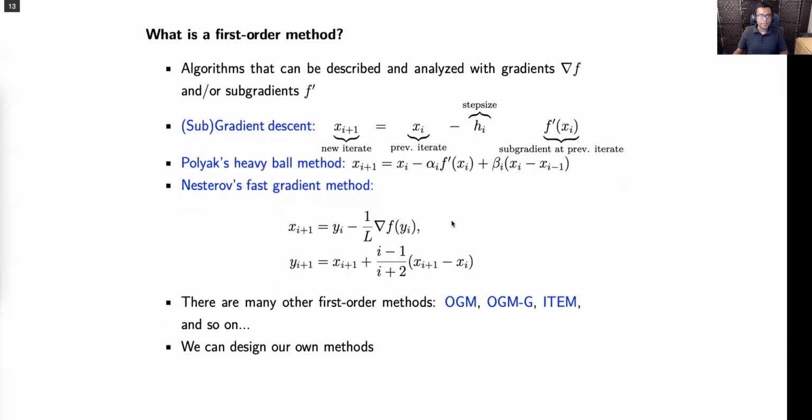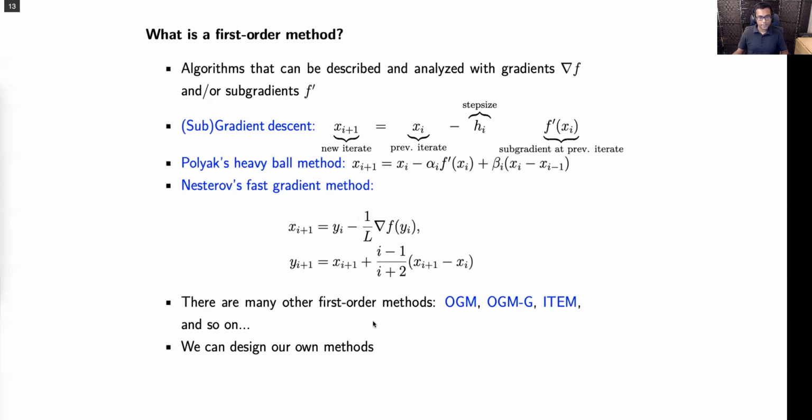Now, of course, there are many other first-order methods that we can design. Two more examples that I'm showing are Polyak's heavy-ball method and Nesterov's celebrated fast gradient method. In both these cases, in terms of using function information, they only use the gradient or subgradient of the function.